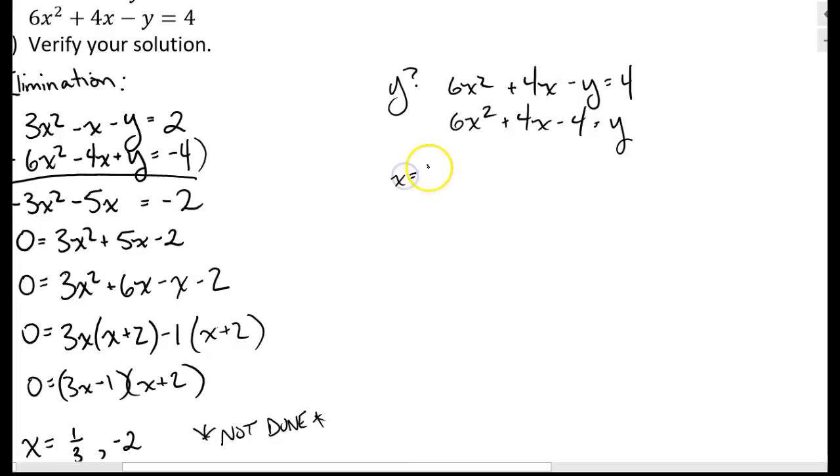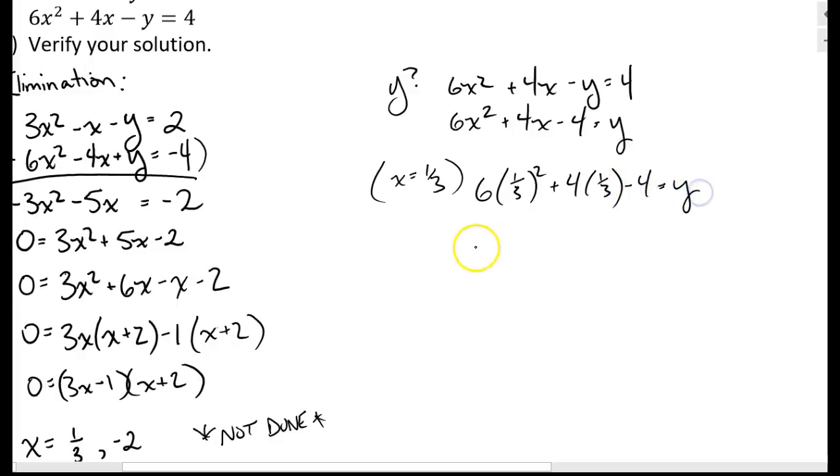Now I can plug in. So when x equals a third, then I've got 6 times 1/3 squared plus 4 times a third minus 4 equals y. So that's 1/9. It's going to be 2/3 plus 4/3 minus 4 times 3 is 12/3.